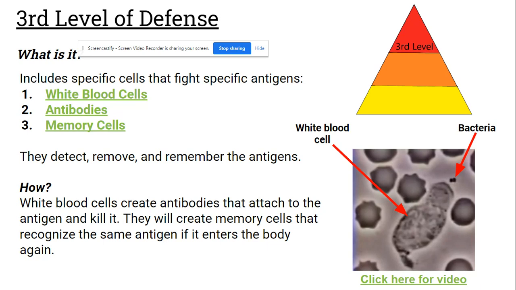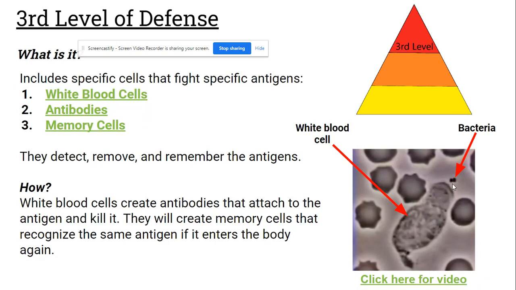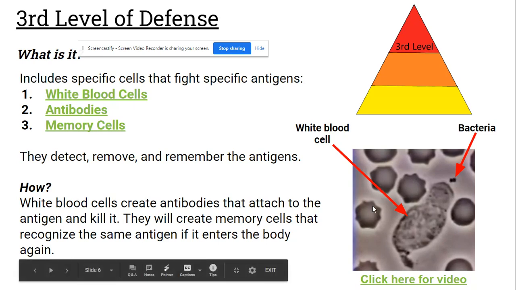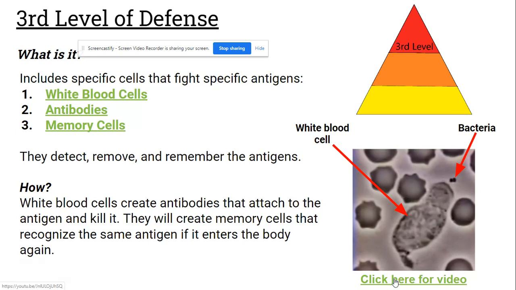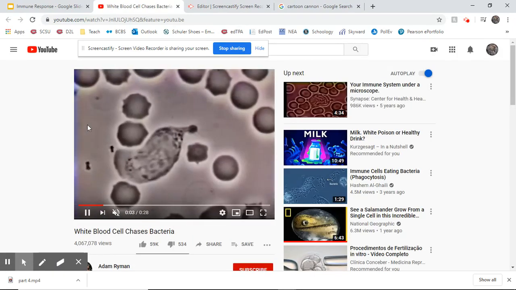So this is one type of white blood cell, and it's actually chasing this little tiny bacteria. These are just your normal everyday body cells. There's actually a video here, let's see if there we go.